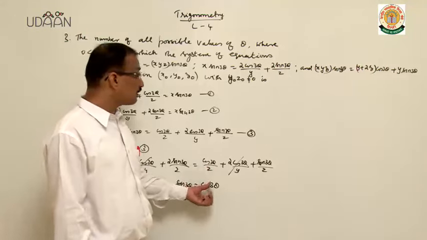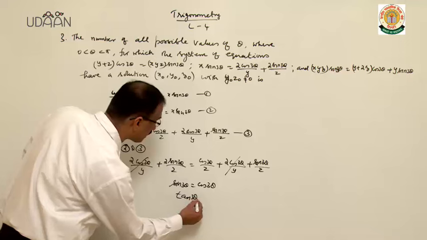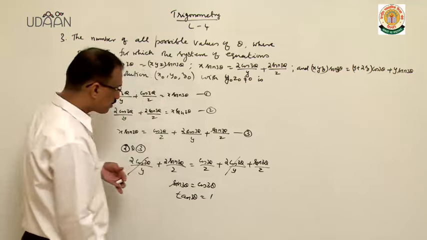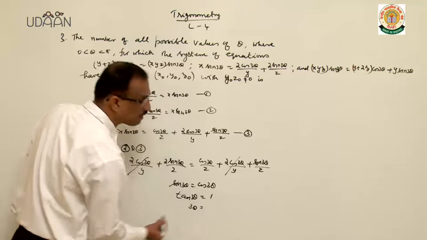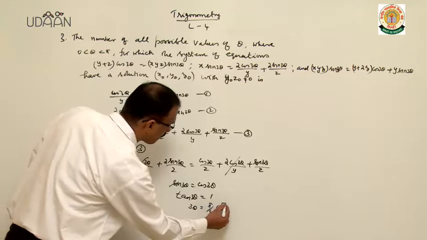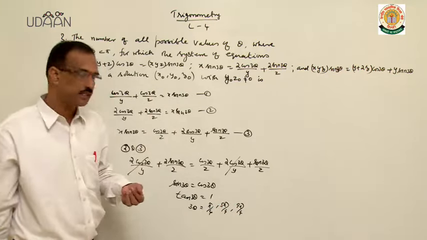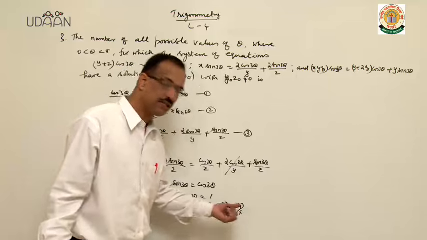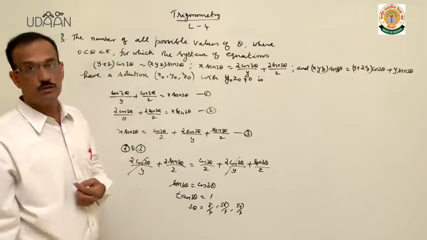Sin 3 theta equal to cos 3 theta, or this can be written as tan 3 theta equal to 1. So tan 3 theta equal to 1 means 3 theta can be pi by 4, 5 pi by 4, 9 pi by 4. These are the values it can have since theta lies in the interval 0 to pi.